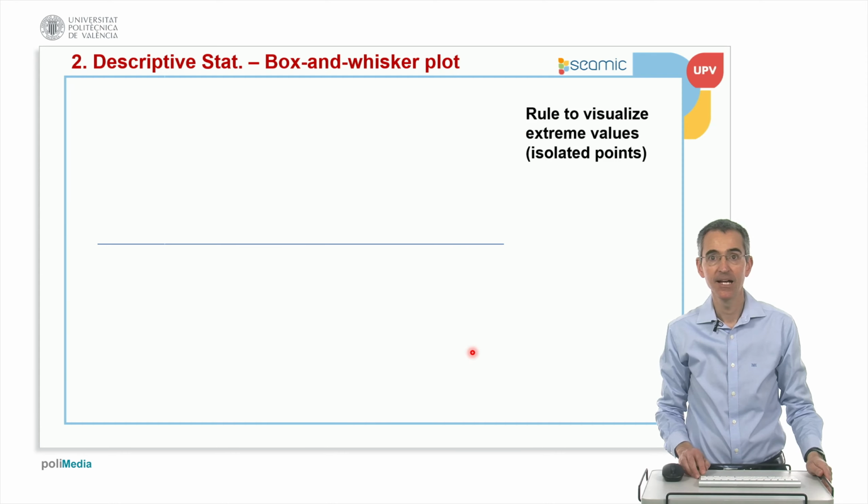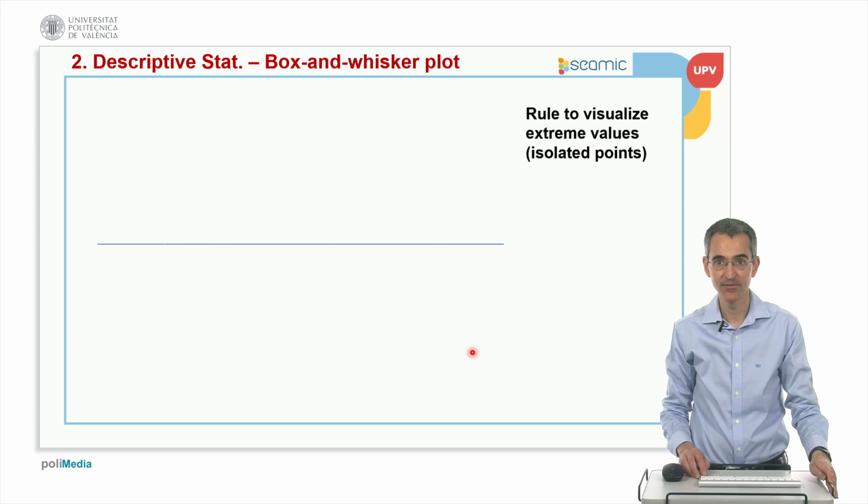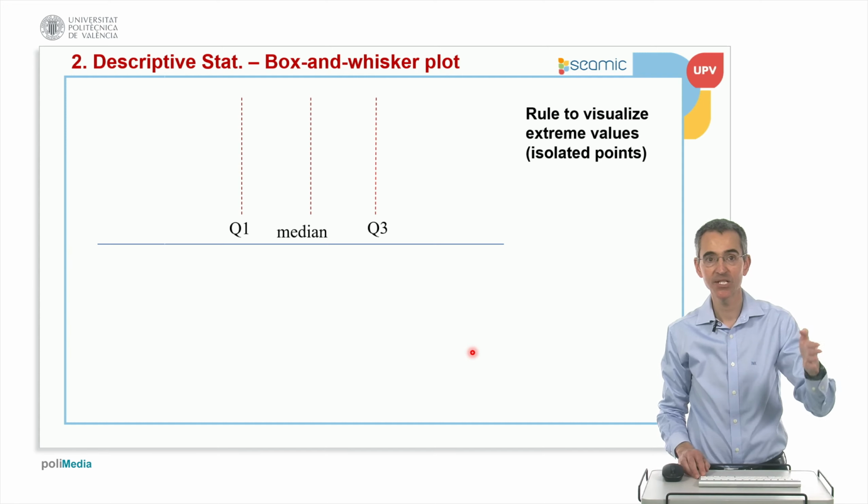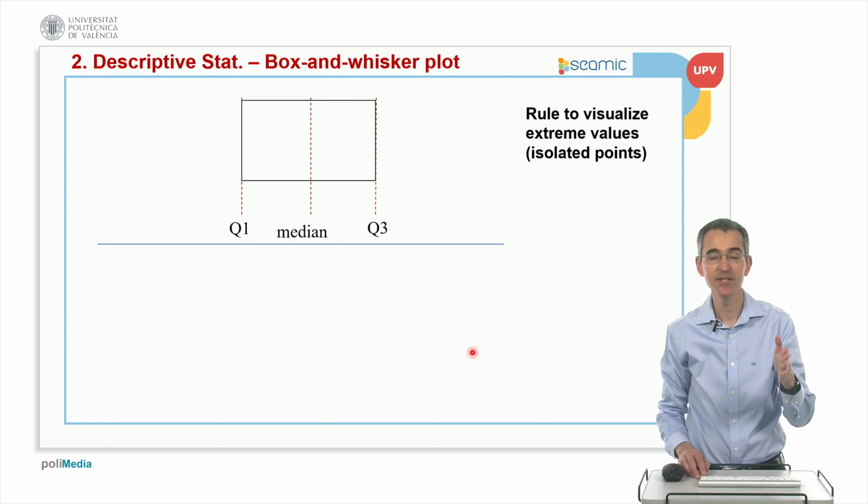Let's talk about this rule to visualize extreme values. I call them isolated points. First, I put the position of the first quartile, the median, and the third quartile, and that gives me the box.